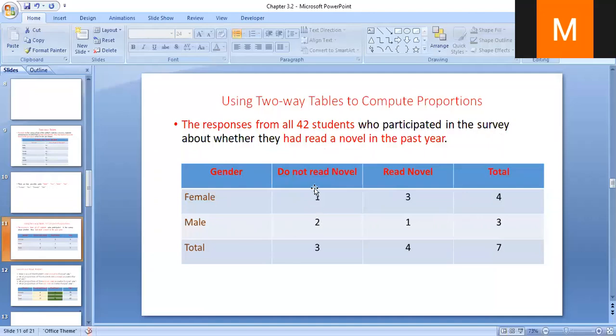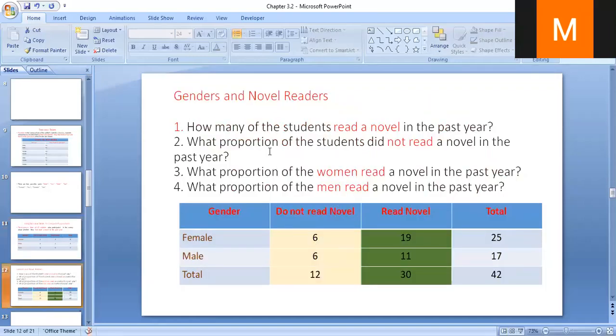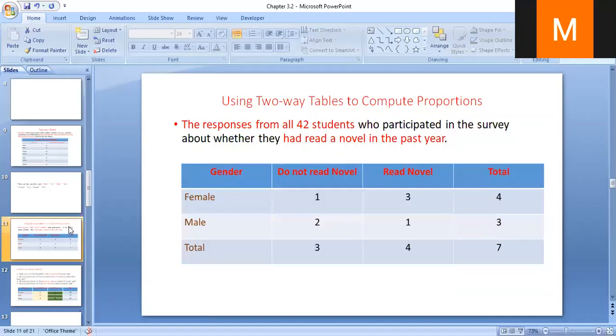The male do not read is 2, read the novel is 1, the total is 3. You will have 3 people not read the novel, but 4 people read. So in total you have 7 people. And the question is, how many students read the novel in the past year? You look at this table.